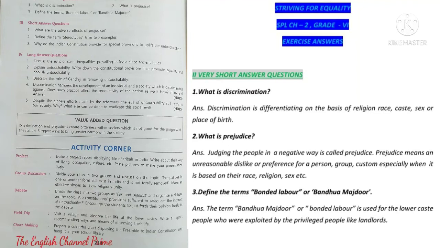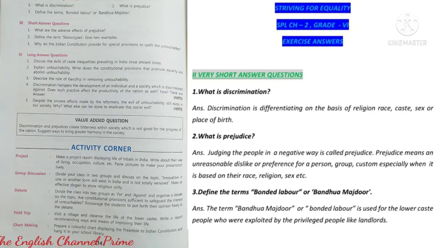Prejudice means an unreasonable dislike or preference for a person, group, or custom, especially when it is based on their race, religion, sex, etc. Third question, define the terms bonded labor or bandhua mazdoor. Answer: the term bandhua mazdoor or bonded labor is used for the lower caste people who were exploited by the privileged people like the landlords.